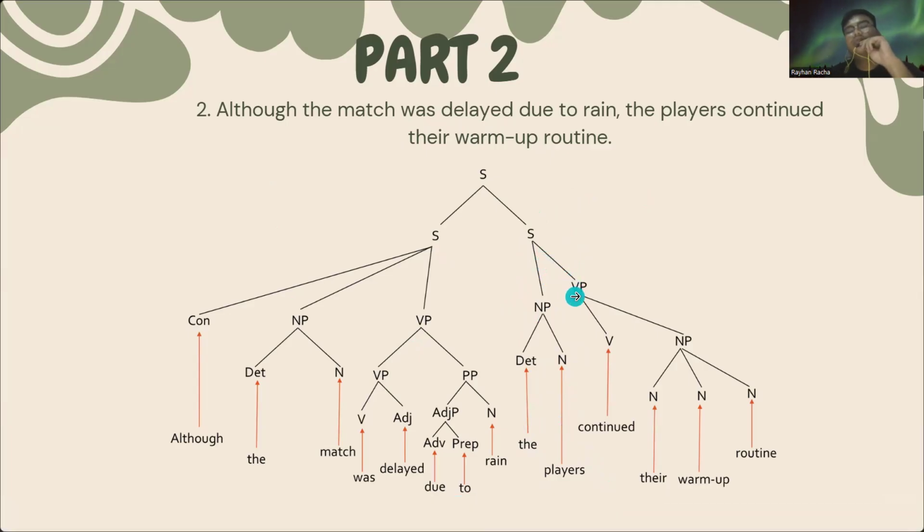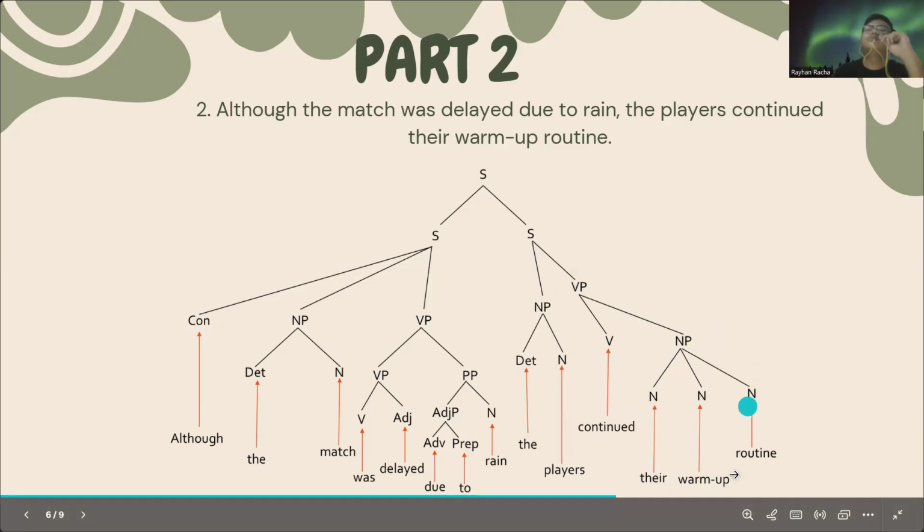Then we move on to the verb phrase. We can also divide it into two. The first is the verb itself, which was "continued", and another noun phrase that has three words in it: "their", "warm-up", and "routine".